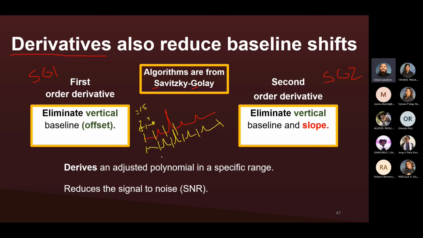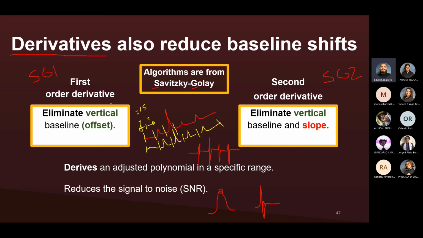Once you do that, for each polynomial individually, you can calculate the derivative, and you will end up with a spectrum that looks like this. Now, the spectrum may look a little weird. However, basically, a peak will be represented as this. This part at the origin is going to be your peak. This is what happens when you use a first-order derivative.